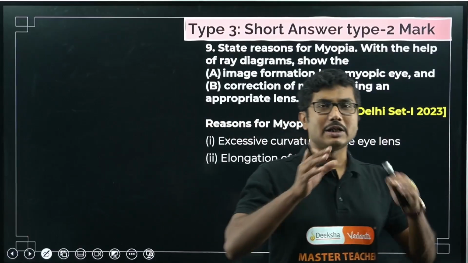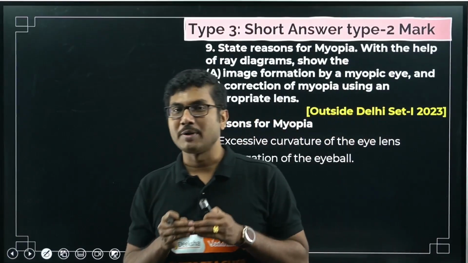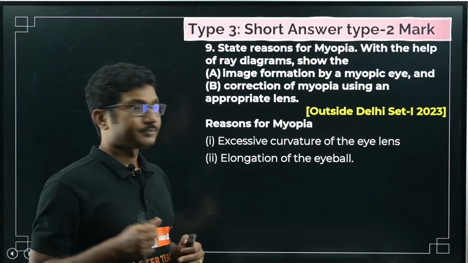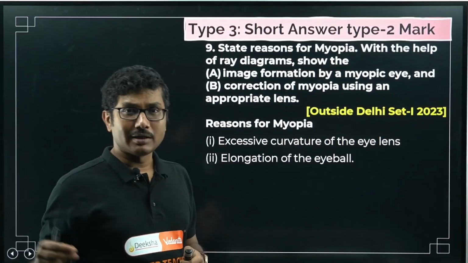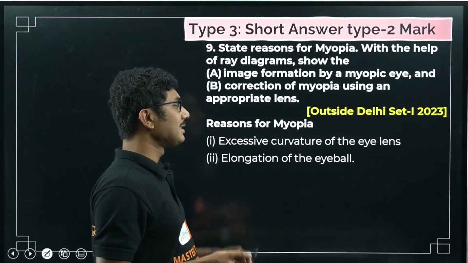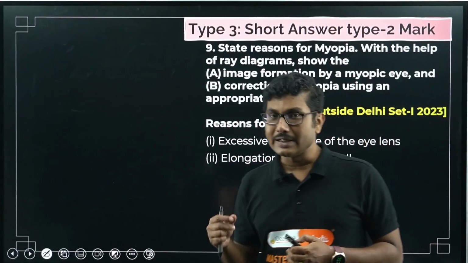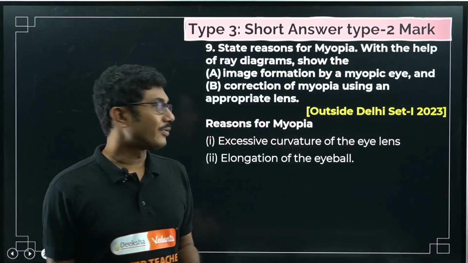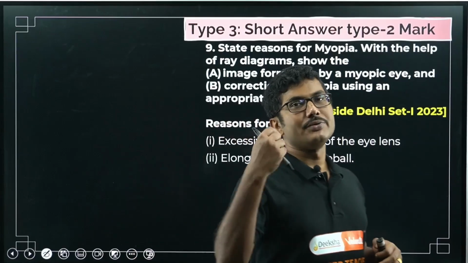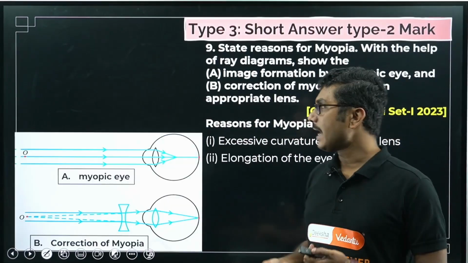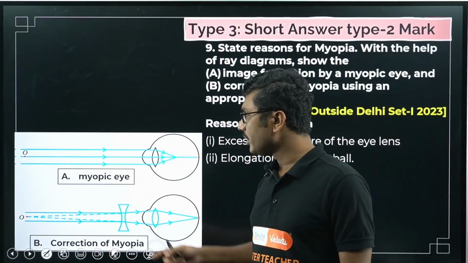If the eyeball is elongated, rays form even before they reach the retina. Excessive curvature of the eye lens means the eye's focal length has decreased and it is more powerful now. That's why you need to reduce the power using a concave lens. These are the reasons for a myopic eye, and the diagram is given in your book very correctly.